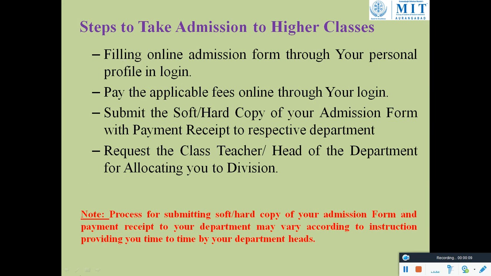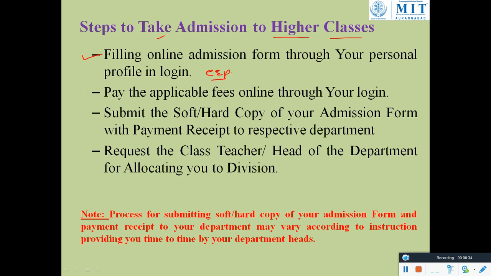I just want to demonstrate to you how the admission process is going to happen this time for the higher classes through the ERP system. The very first step is filling the online admission form through your ERP personal profile login on the ERP portal.